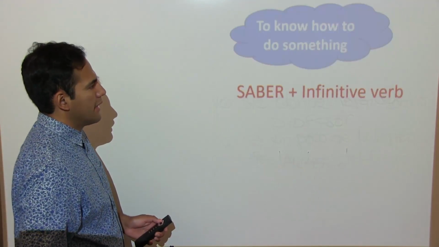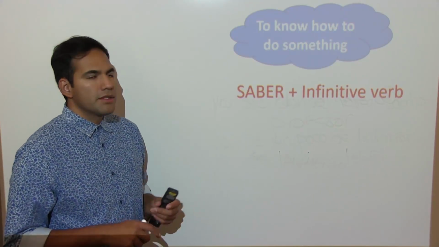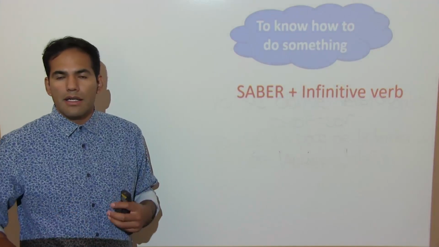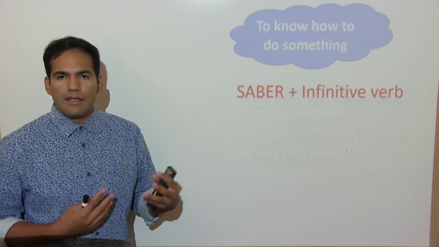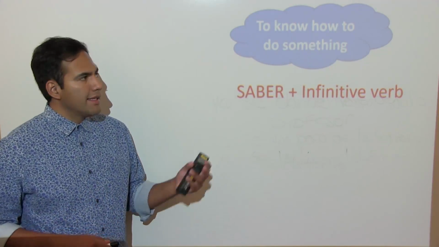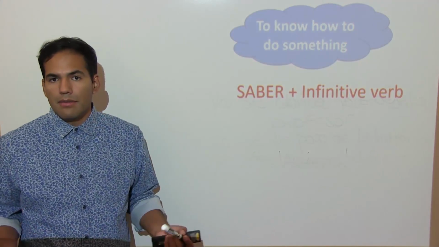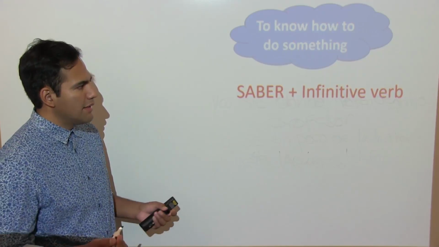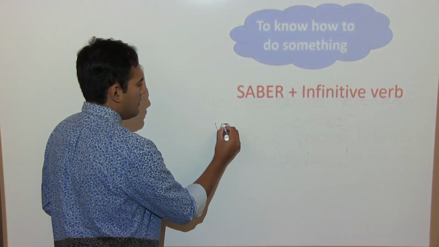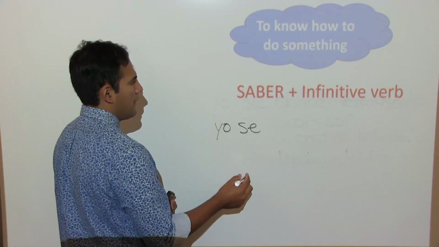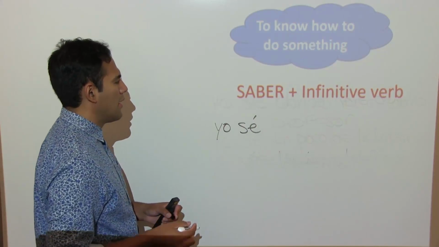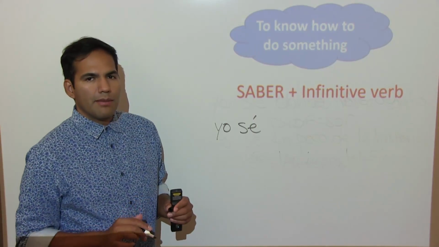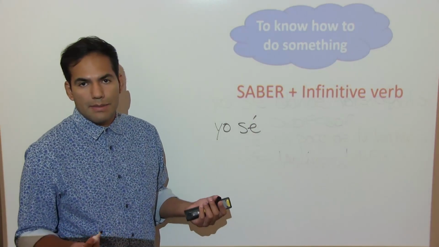The next one is to know how to do something. When we express that we are skillful in something, we can always use the verb saber. For example, we know Spanish grammar. So that's a skill. Yo sé... Well, that wouldn't work so well, but we could say we know how to speak Spanish.